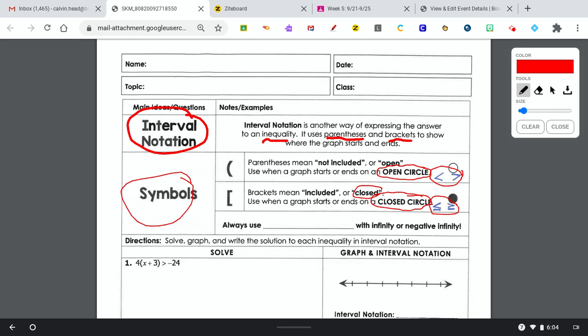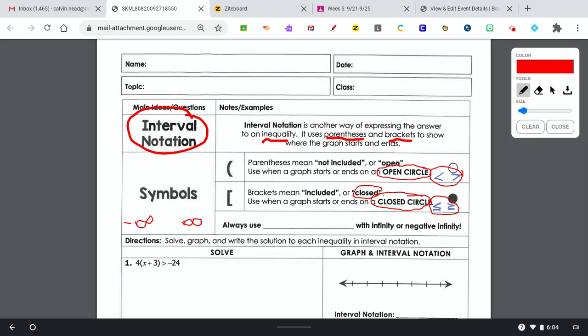Now, we're going to talk about the infinity sign, which is like a sideways 8. You can have infinity or you can have negative infinity.